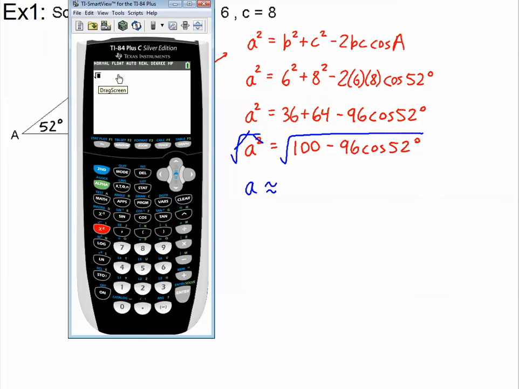If you have the older one, then you have a parenthesis. Just please make sure you close the parenthesis. I have 100 minus 96, and then the cosine, which opens up a parenthesis, and I will close that parenthesis. Let's press enter, and I have my side 6.395.